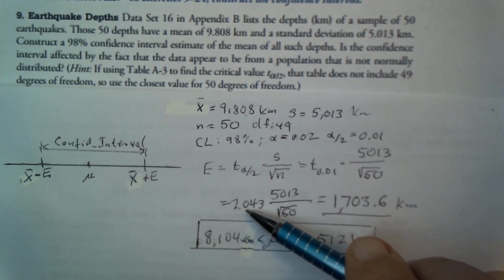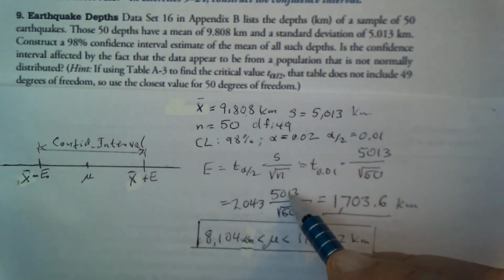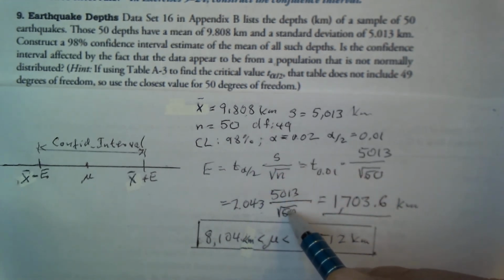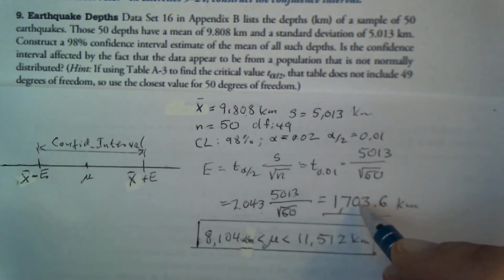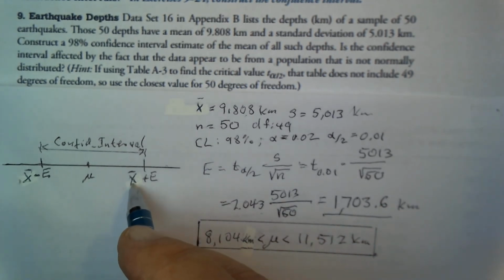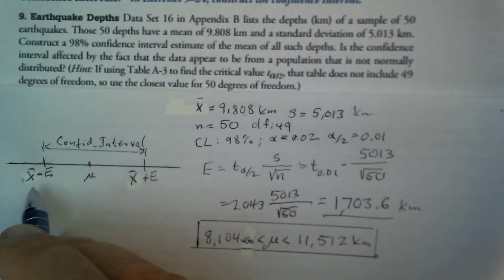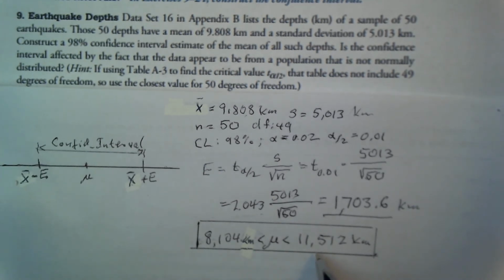That is 2.403 times s, the sample standard deviation, divided by the square root of 50. And so here's our margin of error of 1.703.6 or 1.704 kilometers. So when we add that to the sample mean and subtract it from the sample mean, we have our confidence interval of 8.104 kilometers and 11.512 kilometers.